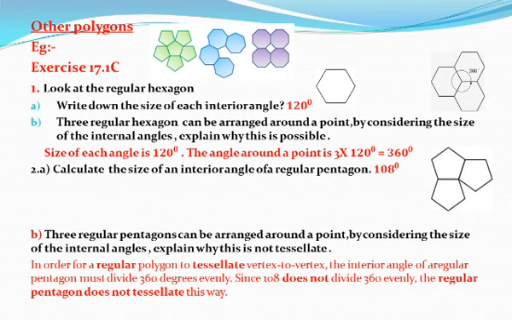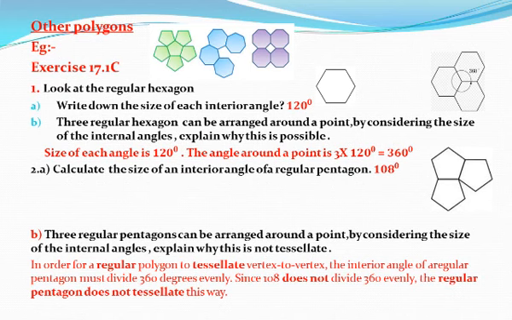Second question. Calculate the size of an interior angle of a regular pentagon. The interior angle of a regular pentagon is 108 degrees. Three regular pentagons are arranged around a point as shown. By considering the size of the internal angles, explain why regular pentagons do not tessellate.